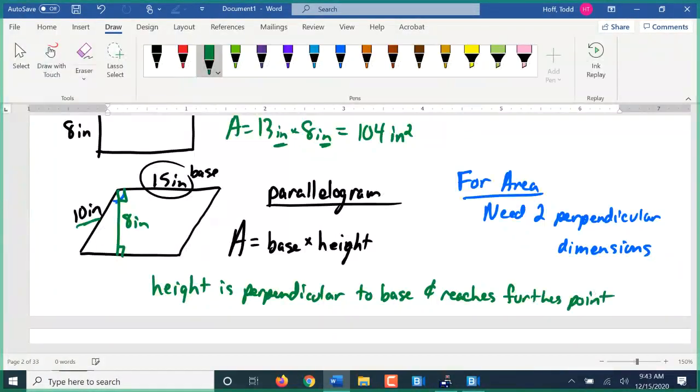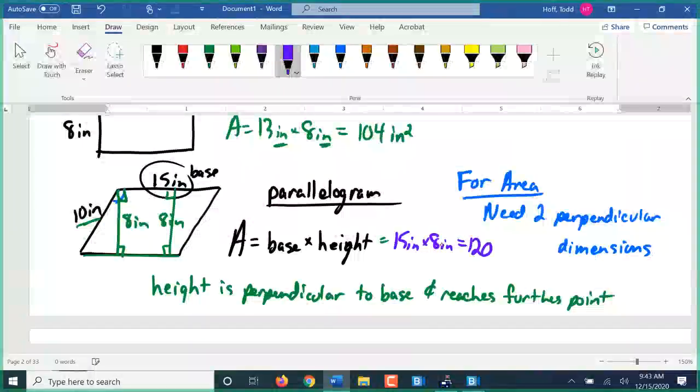So in this parallelogram, the furthest point away from the base is just this opposite side, and it's parallel. So that height could be anywhere along here, actually. That would all be 8 inches. So for this parallelogram, our area is 15 inches times 8 inches. 15 times 8 is 120. And again, we multiply the names. Inches times inches is inches squared.